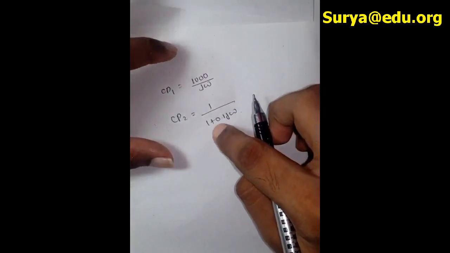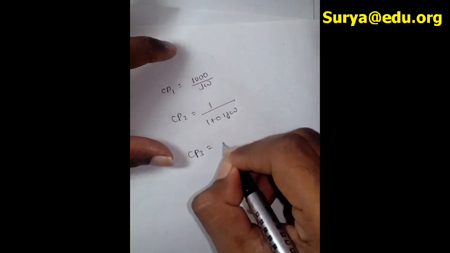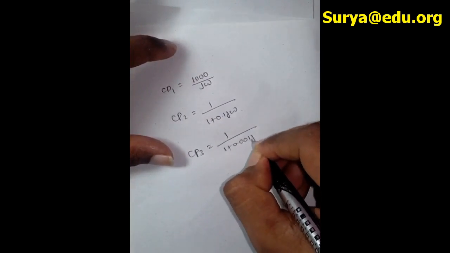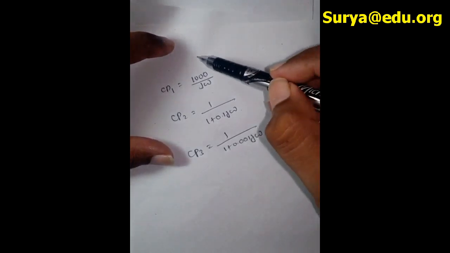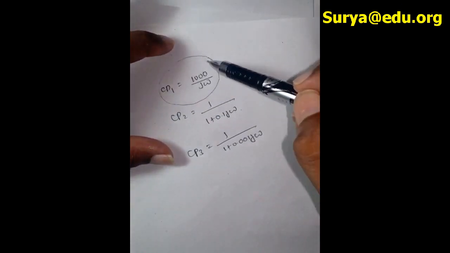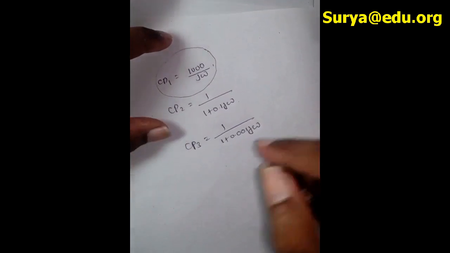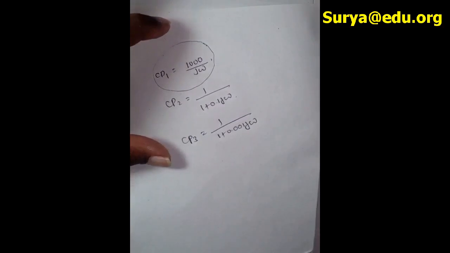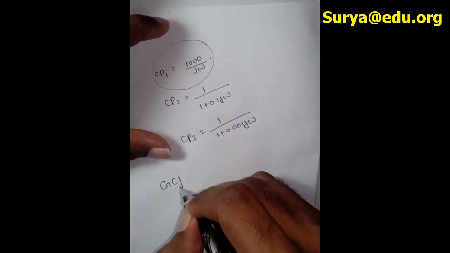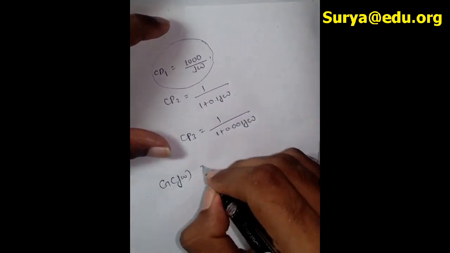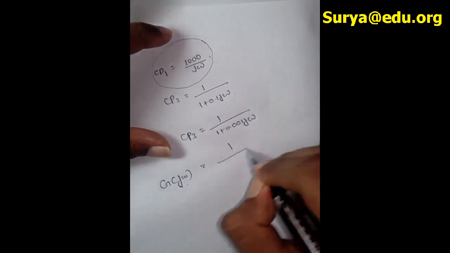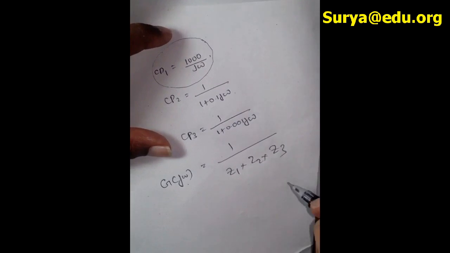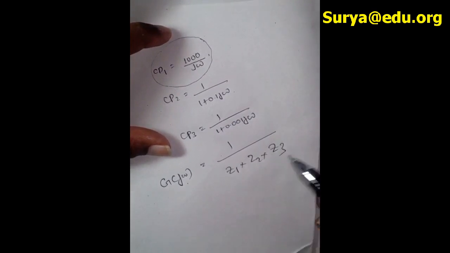And compartment number 3 is 1 divided by (1 plus 0.001 j omega). When you consider the argument, the entire G(j omega) can be considered as three complex numbers in the denominator.